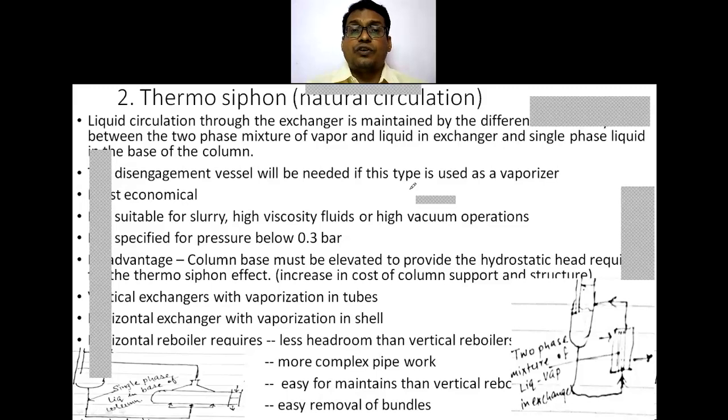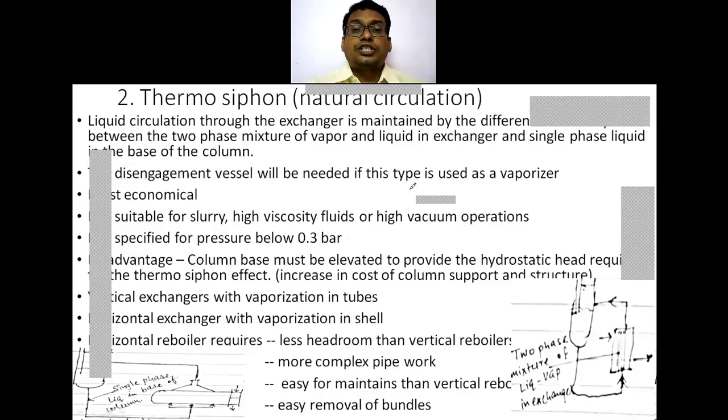As in case of convection, we have studied that the hot fluid moves from bottom to the top, and cold fluid molecules will move from the top to the bottom. So the same thermosiphoning or natural circulation will be there.